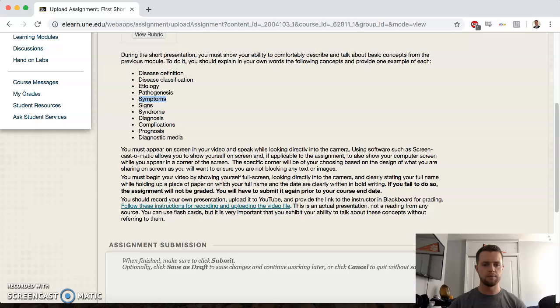Syndromes, the next one, are groupings of signs and symptoms that go together and are almost characteristic of a specific disease state.